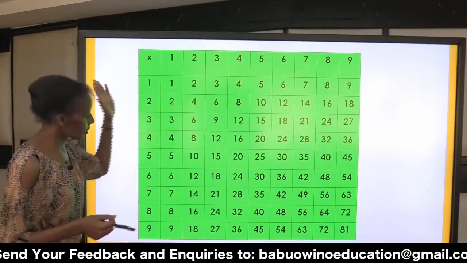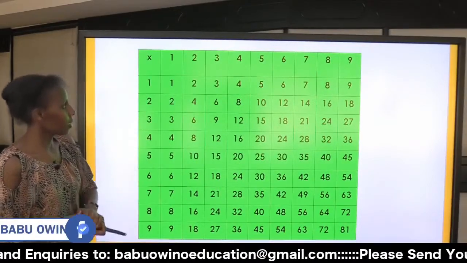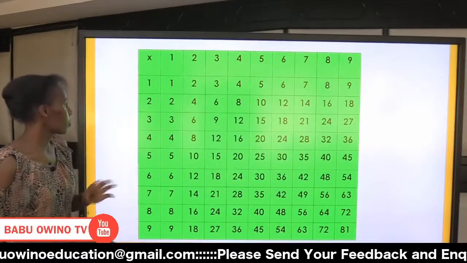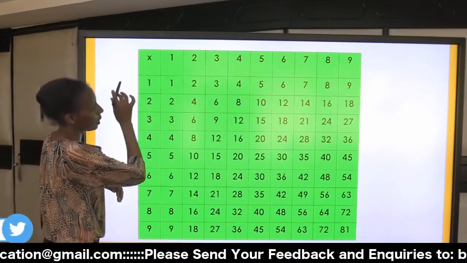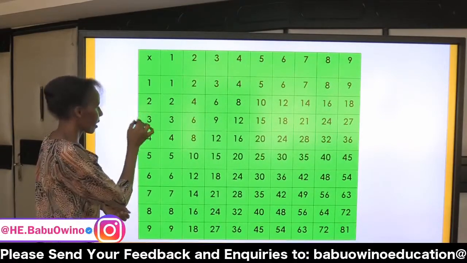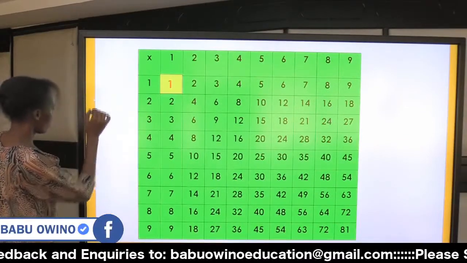I have a multiplication table with me here from 1 up to 9, and I believe we know how to use a multiplication table. For example, I want to multiply maybe 3 and 5.